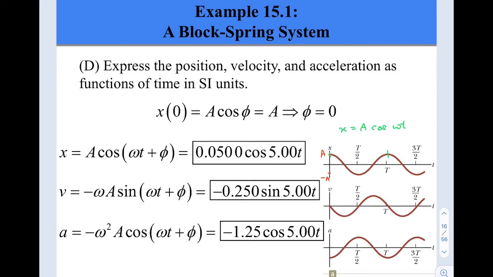Just bear in mind, let's say another part of the question asks for the value of x when t is equal to, let's say, 0.1 second. When you plug in the value of t here and you want to calculate it, don't forget that the unit is in radian, because omega t is radian per second times time, so you are left with radian.